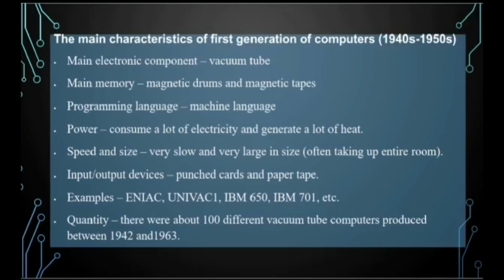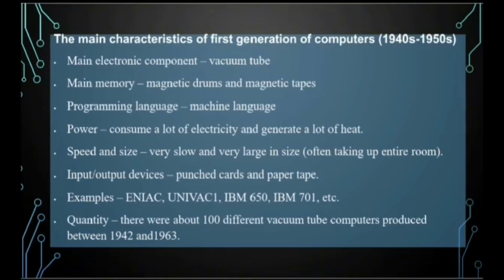The magnetic drum was a type of data storage that used a rotating drum coated with a magnetic material. Data was stored in concentric tracks on the drum's surface, and magnetic tape used a long strip of plastic coated with a magnetic material for data storage. Data was written or read sequentially along the tape.